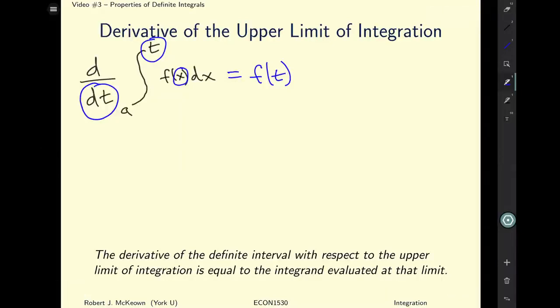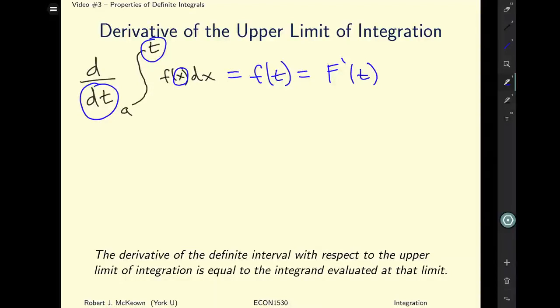We're just going to evaluate this little f t, the integrand at t. Or I could have written it in a little more complicated fashion. I could have said, well, we're going to integrate and take the derivative, but that would just be big F prime of t, which is just our definition of little f of t.